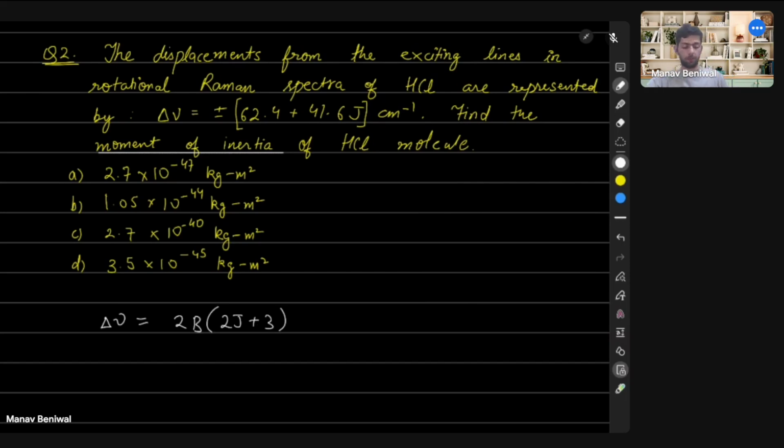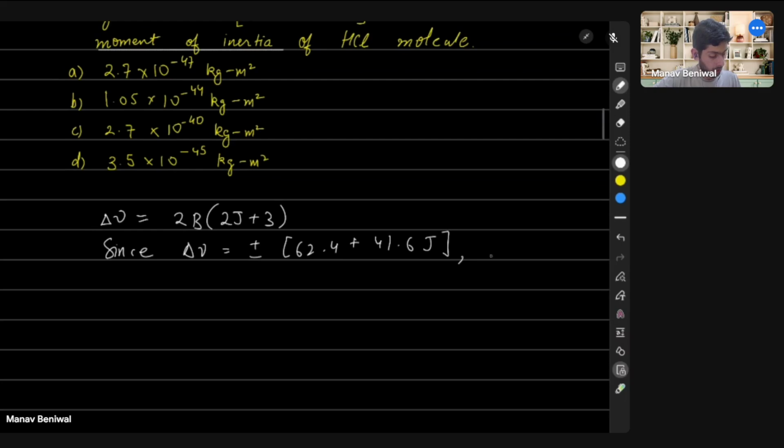This is what we know, and since delta nu is given to us to be plus minus (62.4 plus 41.6 J), we can write 2B(2J plus 3) to be equal to 62.4 plus 41.6 J.